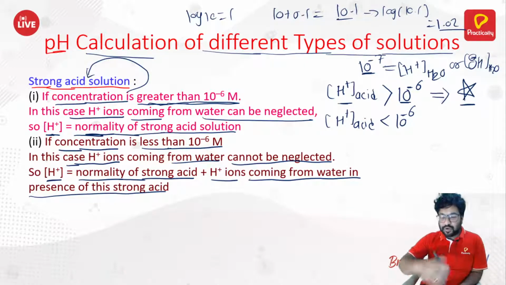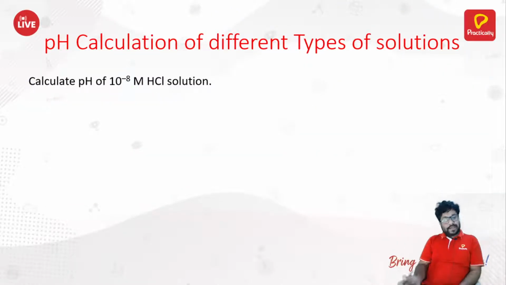Moving ahead, look at this numerical. Calculate the pH of 10 raised to minus 8 molar HCl. Suppose I consider HCl to be a strong acid.